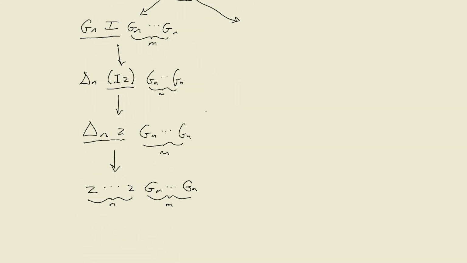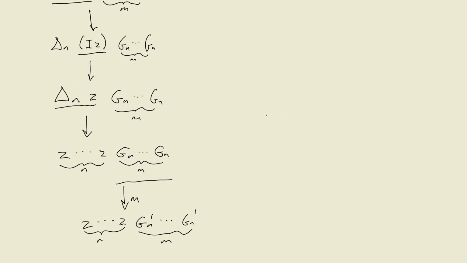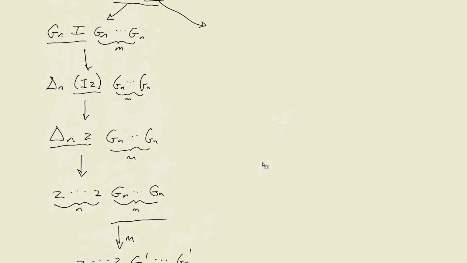So basically this little pile up of gn's, if you reduce them all, you have to take m steps to do that. You just reduce them all in one step each, and you've got gn prime, and there's m of those. M of those and nz's, okay? Sorry, it's not quite fitting on one screen there.